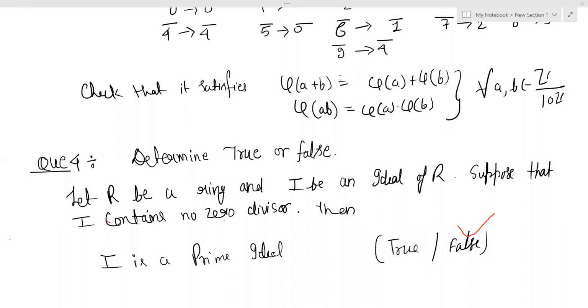That is, B belongs to the zero ideal. So AB belongs to that ideal means either A is in it or B is in it. So you want to say the zero ideal is not a prime ideal in Z? You are claiming this? It is a prime ideal. So you are saying this statement is true or false?